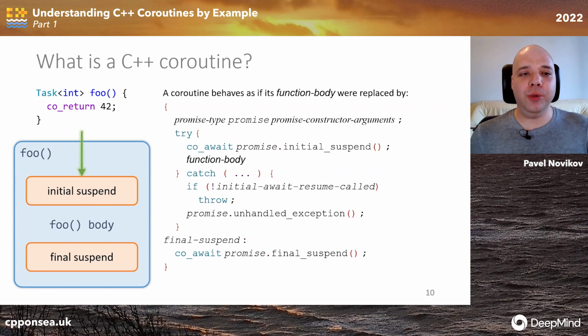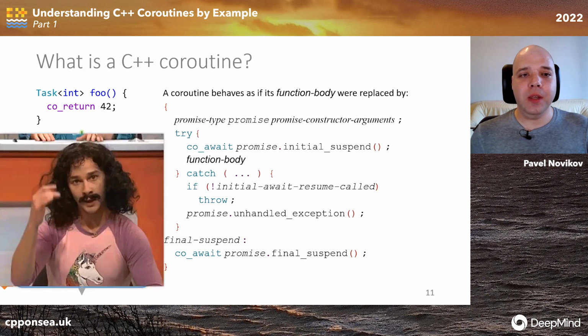When we call our coroutine, we get to the initial suspend point. At this point, we can suspend our coroutine or continue the execution of the body. And by the time we get to the final suspend point, again, we can just finish the coroutine, or we can suspend it, and we will end up with the coroutine in the suspended state.